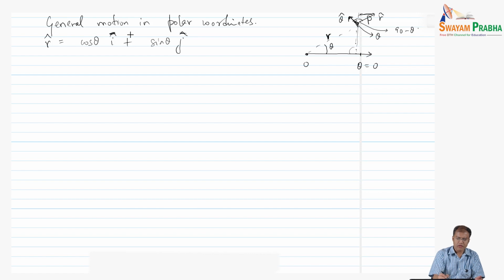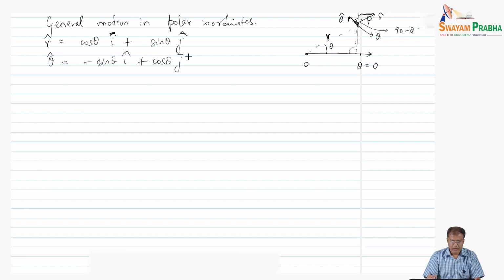And similarly the geometry is fine, so theta hat, the unit vector along the theta direction, is going to be minus sin theta i hat plus cos theta j hat.